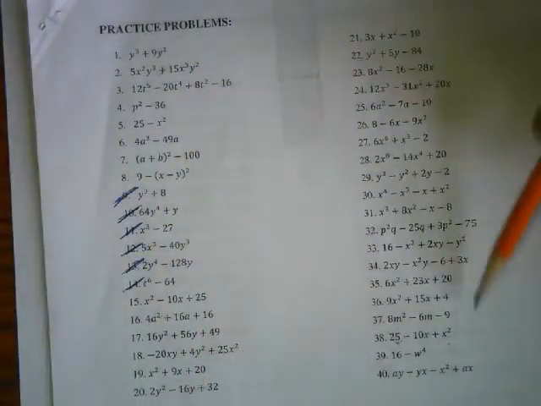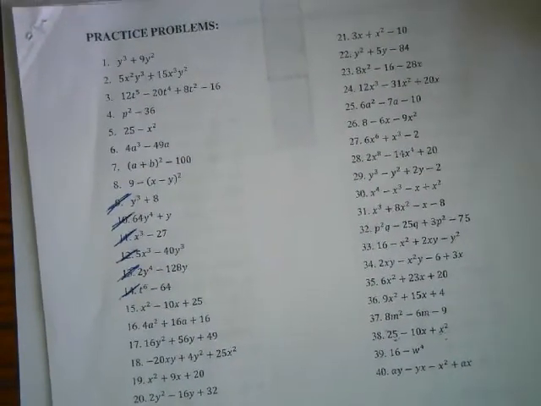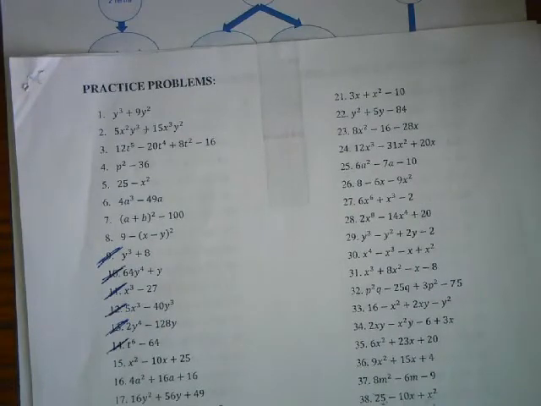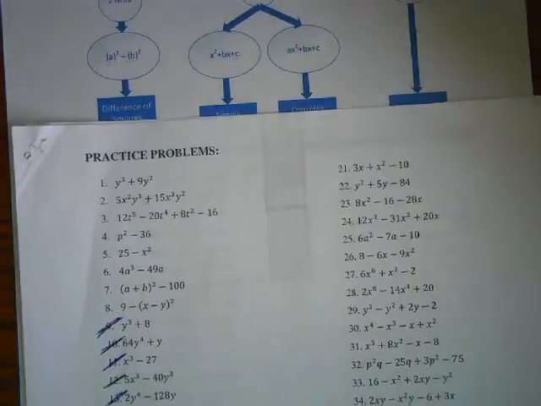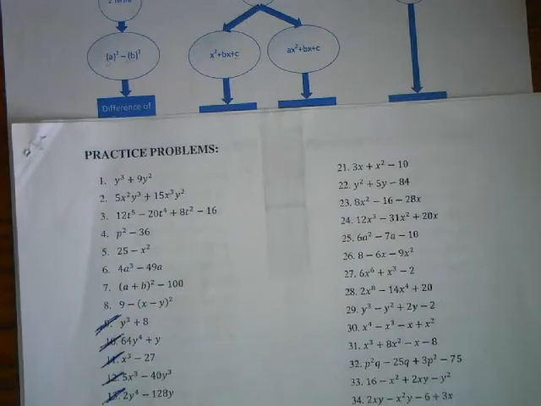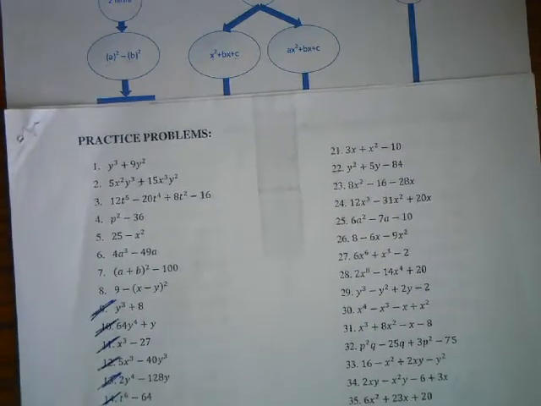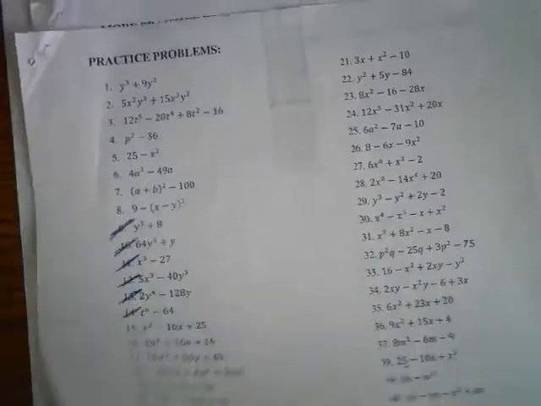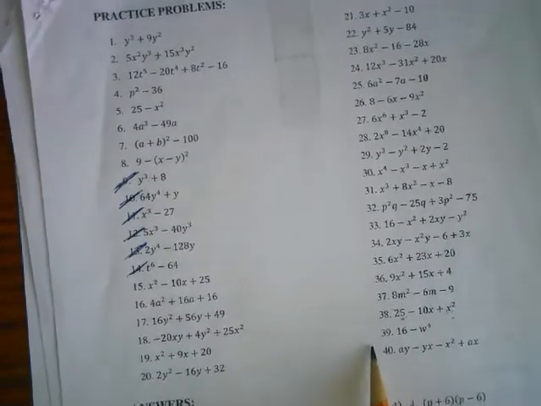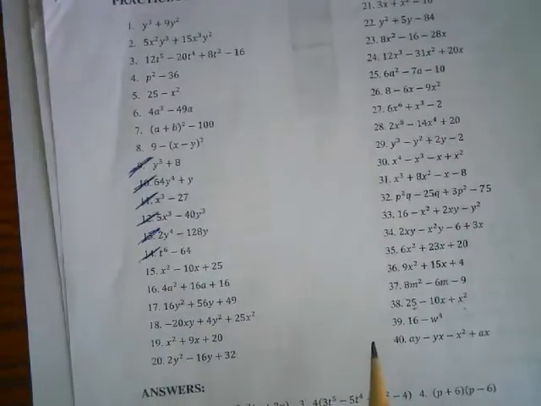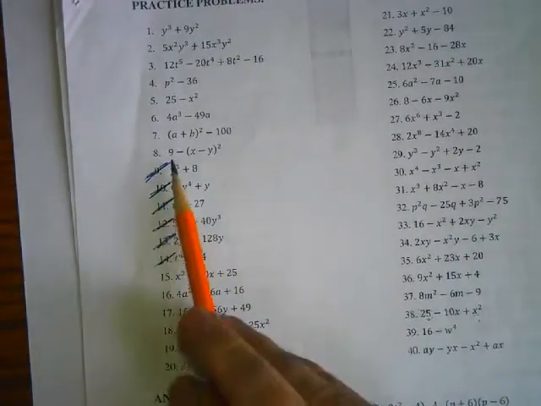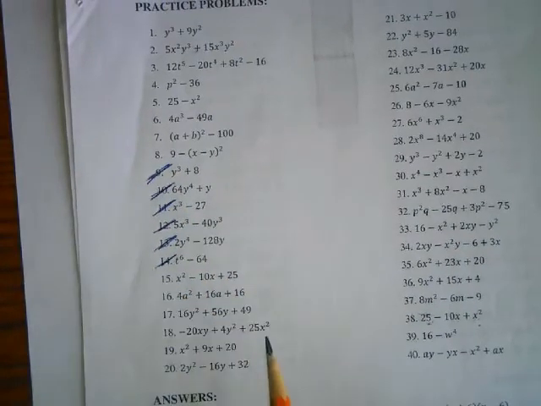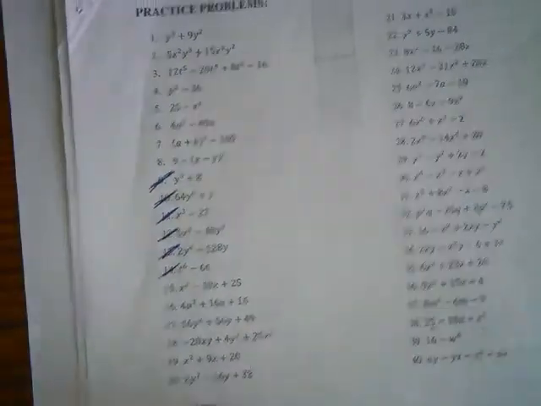You can see all these are kind of randomized as to the types, so it's really good practice to make sure you can use this flowchart in your head, figure out the right technique, and then apply it correctly. Some of these are actually crossed off, and just to give you an idea, I also use this with my grade 12s. They've learned a couple other factoring techniques, which I've crossed off here because you haven't learned how to do that.